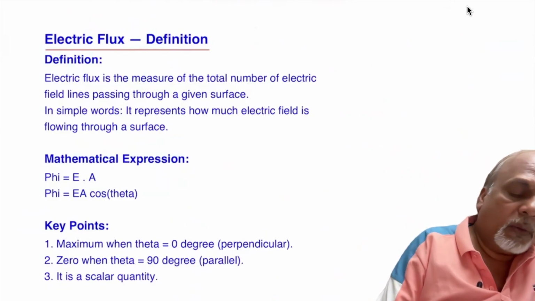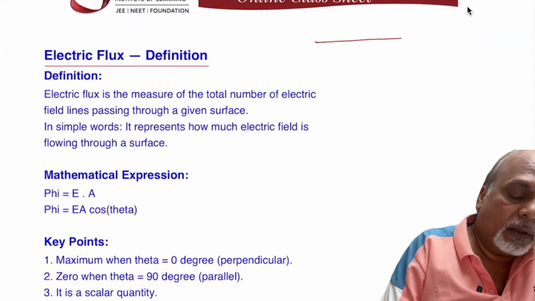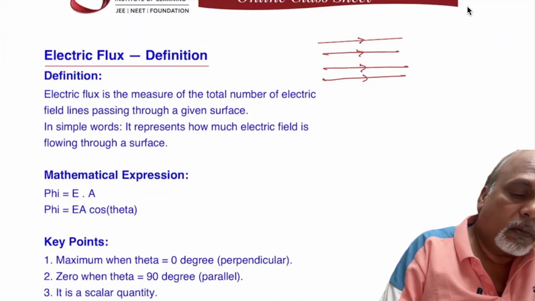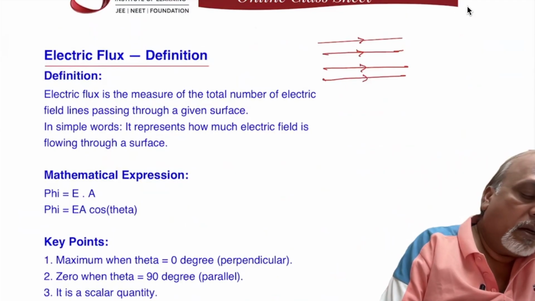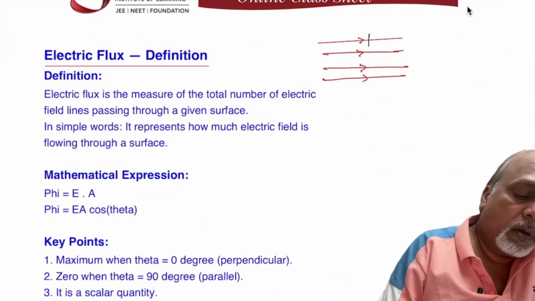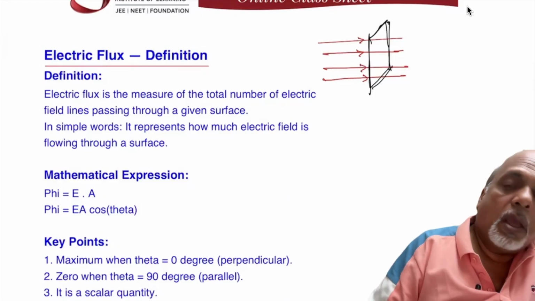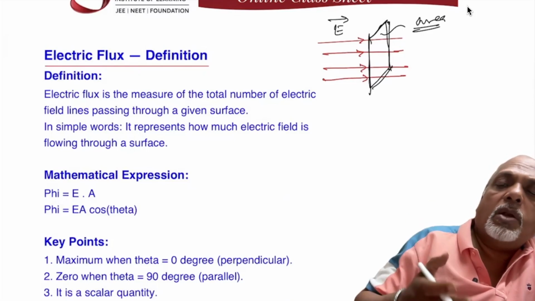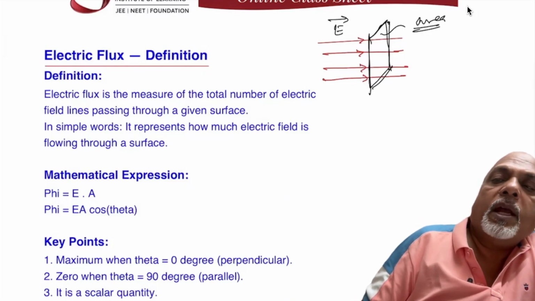Electric flux means, suppose you have electric field lines like this, and you have an area perpendicular to the lines of the electric field.